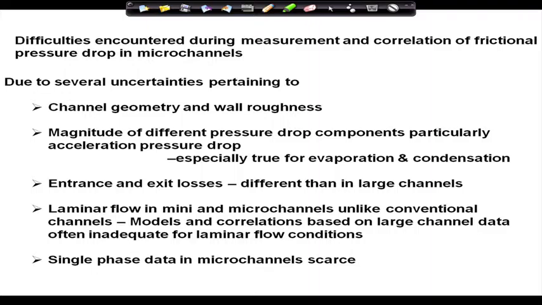Now, why does this acceleration pressure gradient arise? In single phase flow, it used to arise only when there was a change in cross section of flow, when we encounter an abrupt or gradual expansion or contraction. It can arise if we encounter some pipe fittings on the way. But other than that, in single phase flow, normally acceleration pressure drop is not encountered.